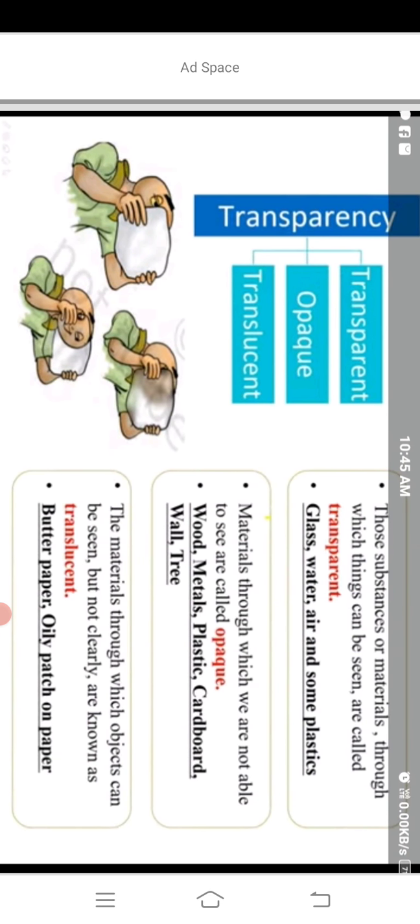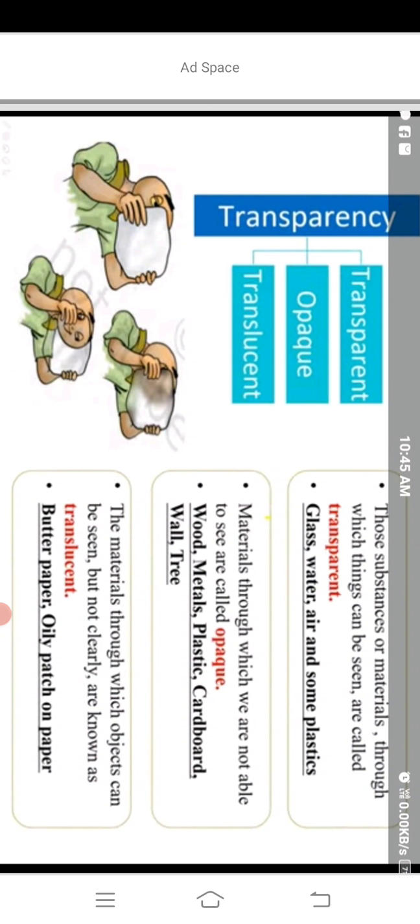Next, opaque materials: materials through which we are not able to see are called opaque materials. Wood, metals, plastic, cardboard, wall, tree, etc. are examples of opaque materials.